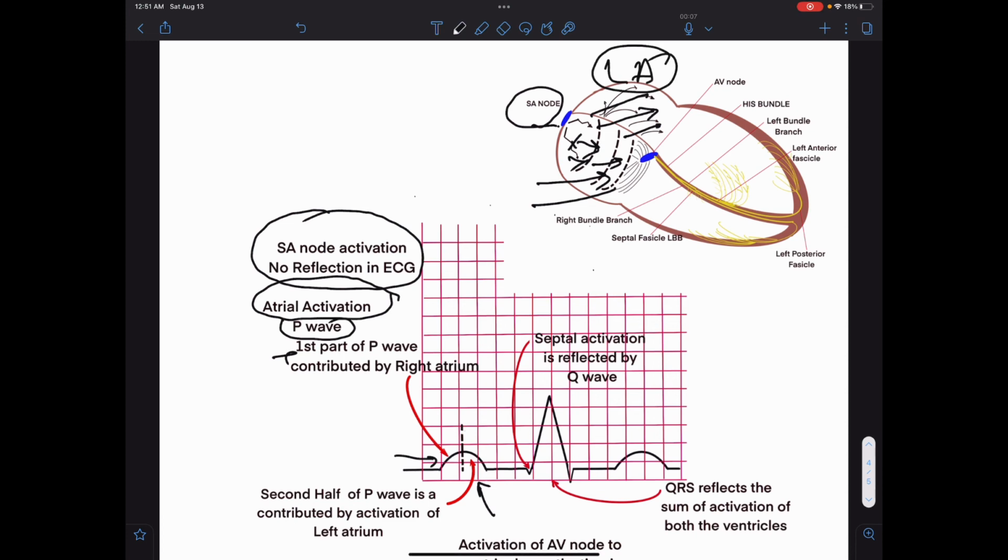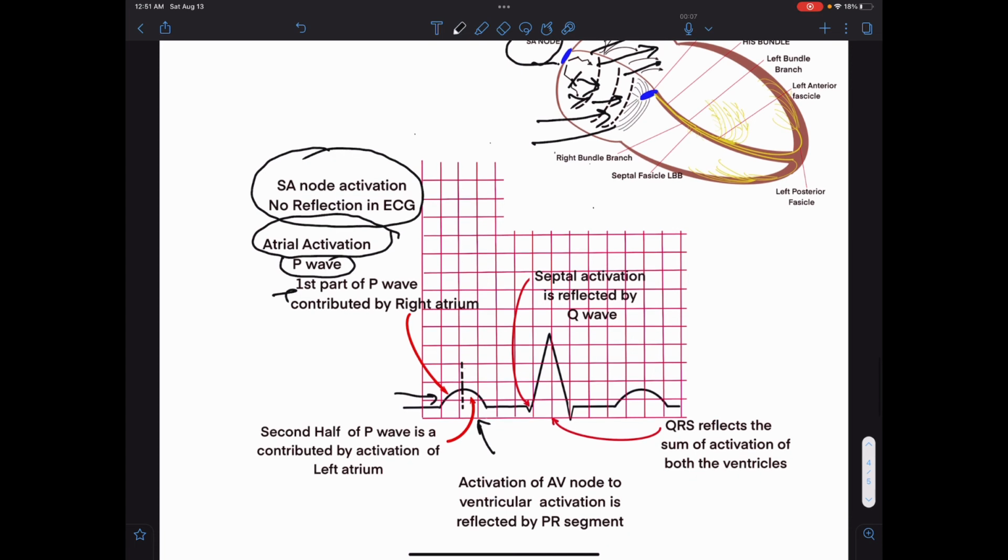Now the activation from the AV node to the activation of the ventricle is reflected by the PR segment, and the septal activation is reflected by the presence of Q wave, which is the negative deflection, and the QRS complex.